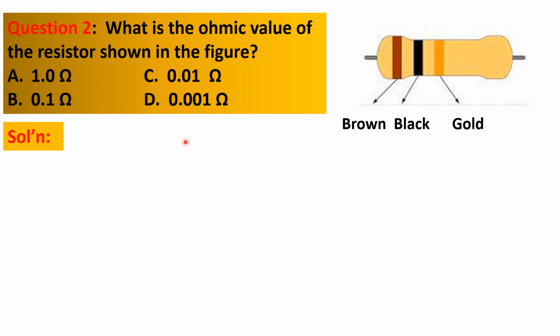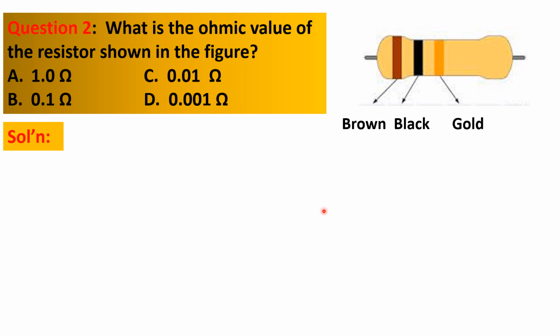Question number 2. What is the ohmic value of the resistor shown in the figure? So the figure shows a special kind of resistor having only three color bands. The first band is colored brown, the second band is black, and the third band is colored gold.